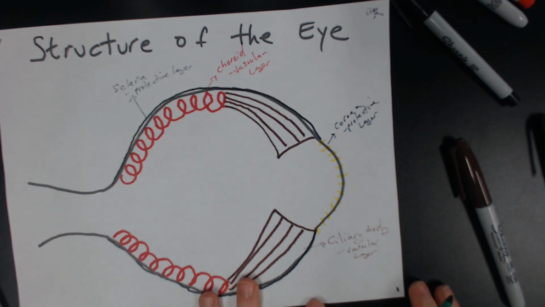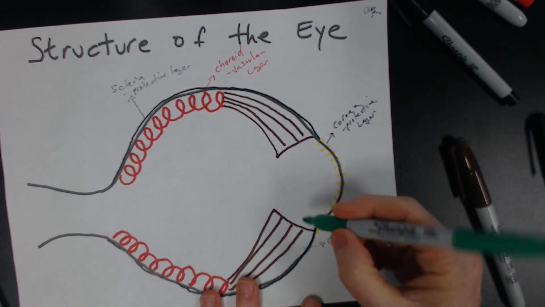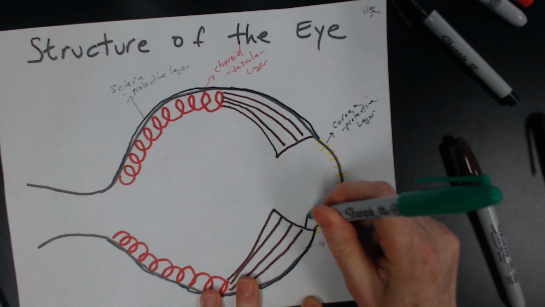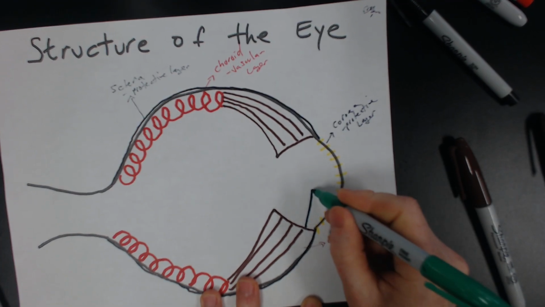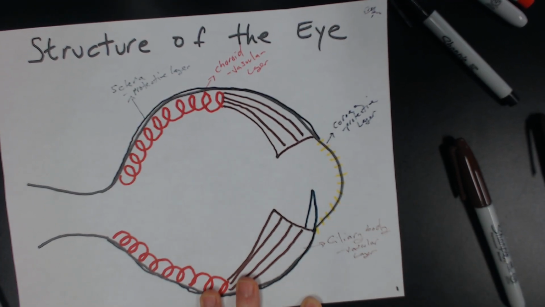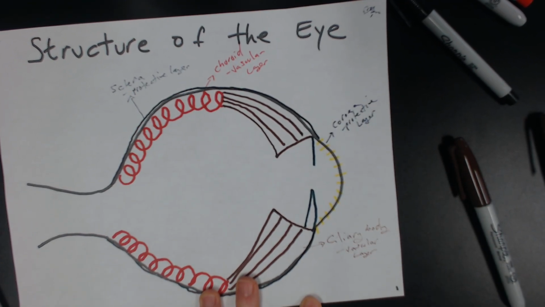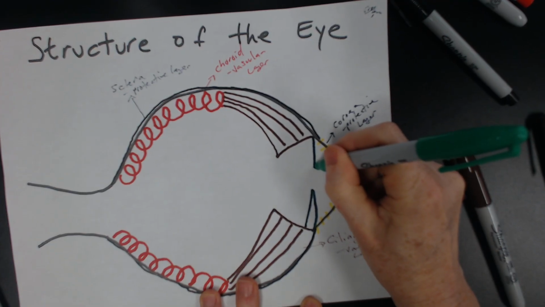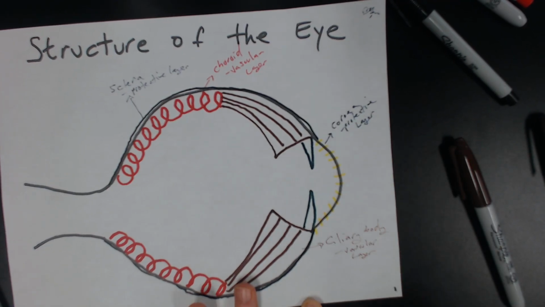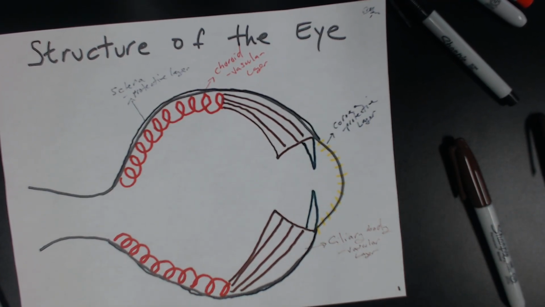Coming off the ciliary body, you have this part of the eye that gives your eye color. So this individual is going to have green eyes. Anybody have green eyes? Okay, they're the most rare. I don't know if you know that or not. But this is going to be the part of the eye that gives the eye color. Does anybody know what that's called? Iris, yeah.